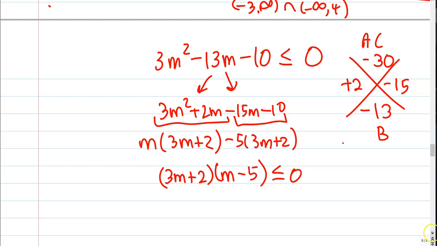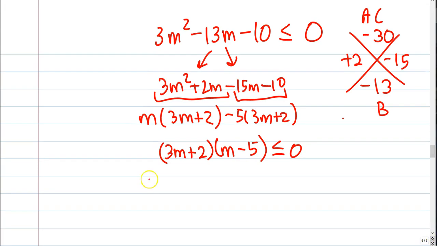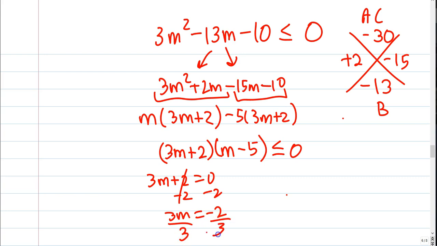I need my critical points, setting each of these equal to 0. Minus 2, minus 2. 3m equals -2, or -2 thirds. M minus 5, so that m equals 5. So those are my 2 points.